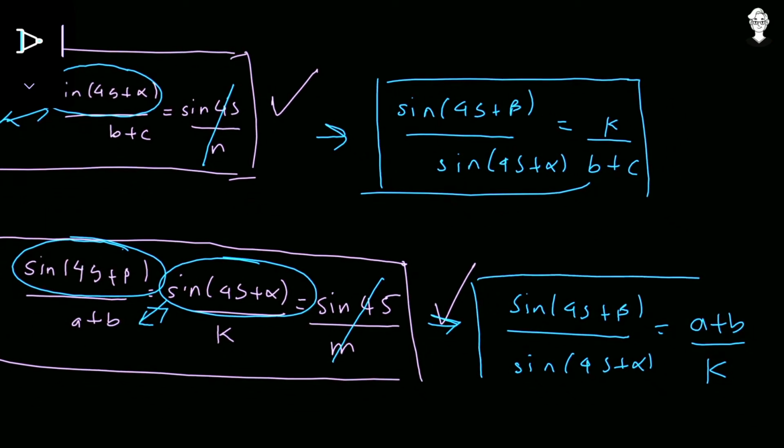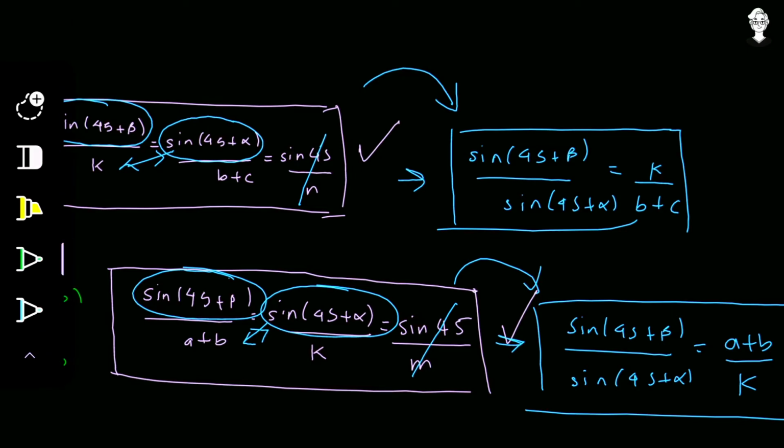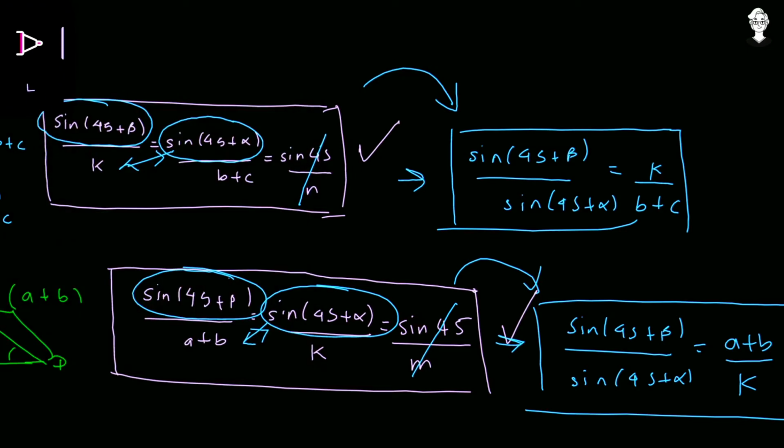Now we first derived these equations from the sine rule. It's not like an equation, it's like an equality. From the sine rule we derived this and this, the top and bottom, and from a little modification we got this and this. Now we can see clearly that their LHS is all equal: sine of 45 plus beta, sine of 45 plus alpha.